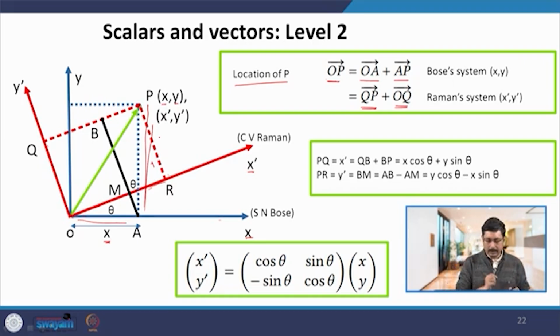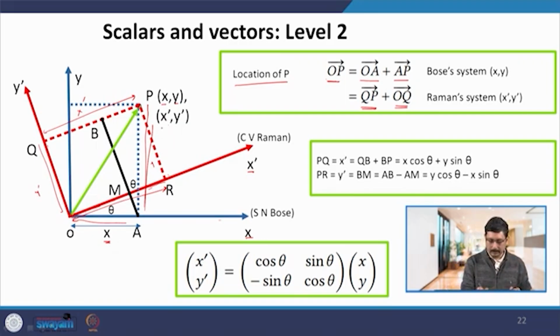In Raman's system, this length or this, which are equal, is the x component of the coordinate of the location of point P, and this represents the y component.